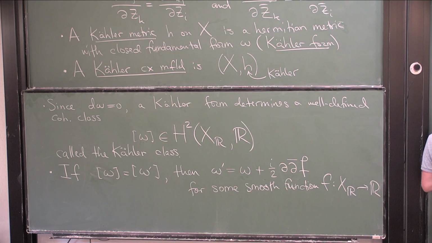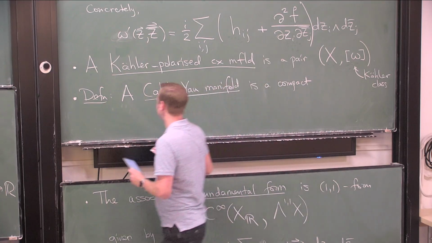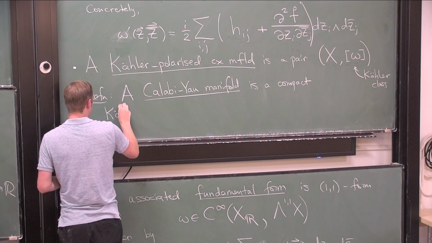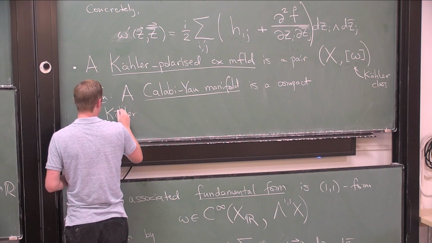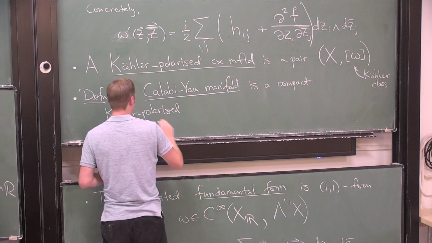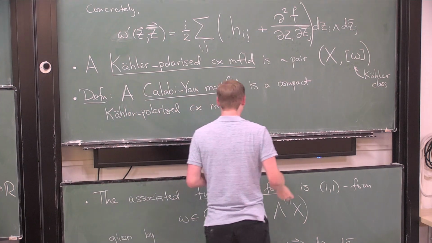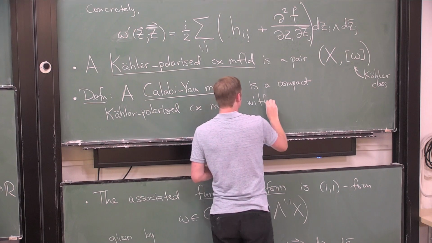A Calabi-Yau manifold is a compact, Kähler polarized complex manifold with trivial canonical bundle.